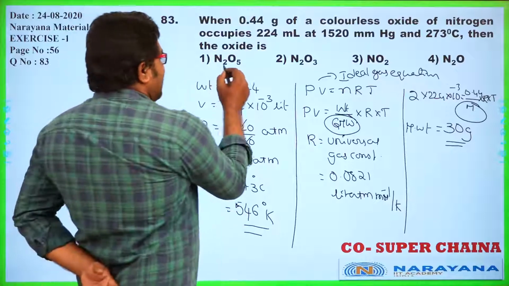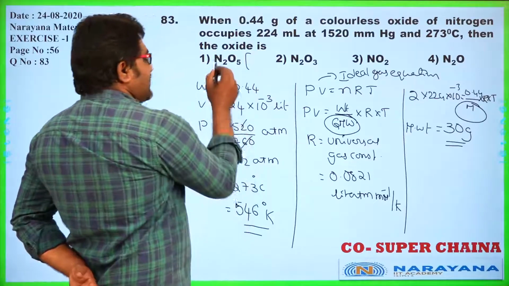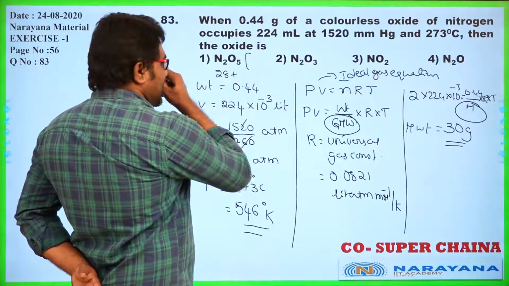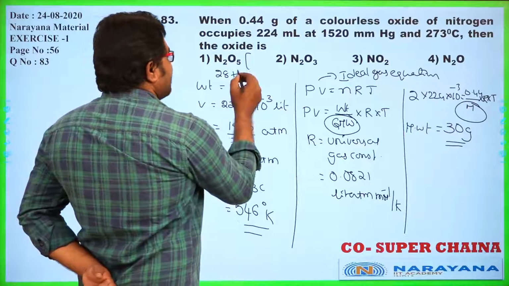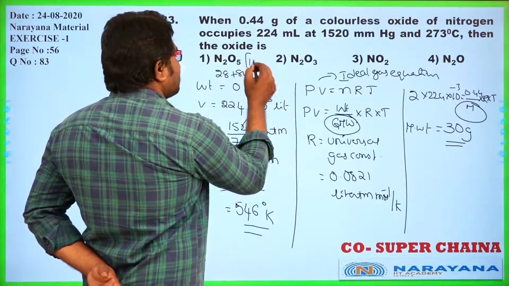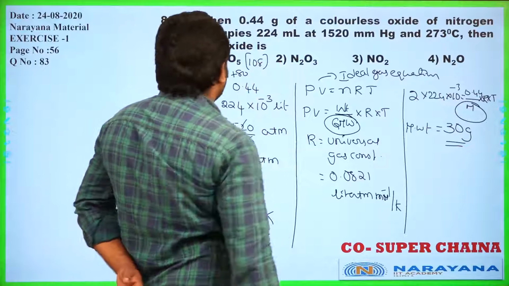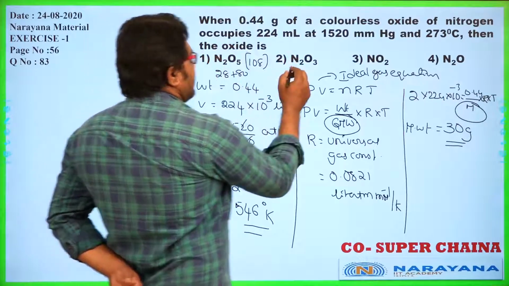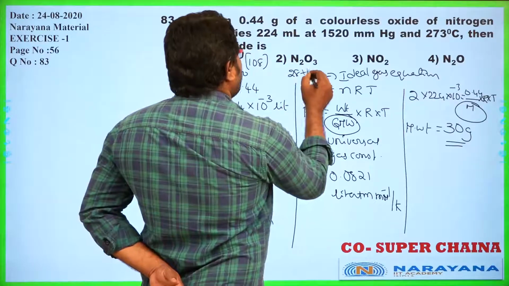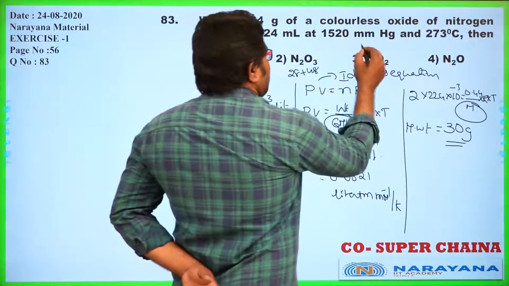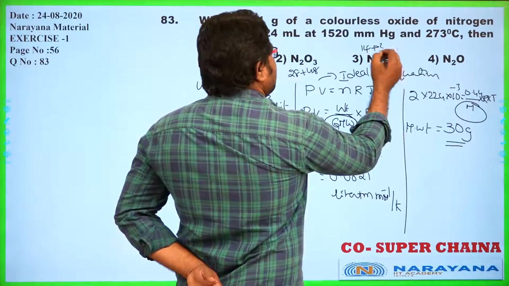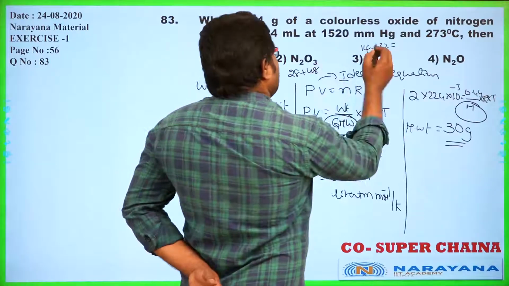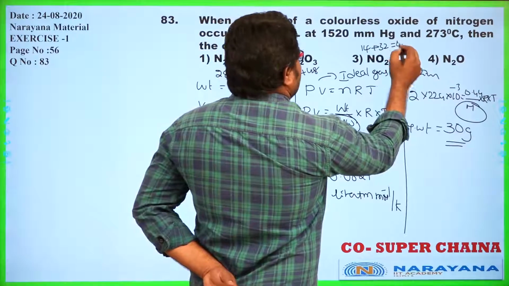Let us examine this. Molecular weight of this one is 28 plus 5 into 16, 80, that is 108. Here N2, 28 plus 48. Here 14 plus 32, how much is it? 46.